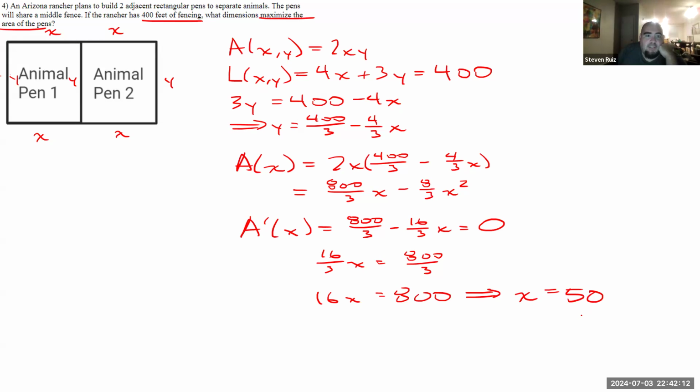So what are we asked exactly? What dimensions maximize the area? Okay. Well, one of those dimensions is 50. So what's the y value that goes with that?